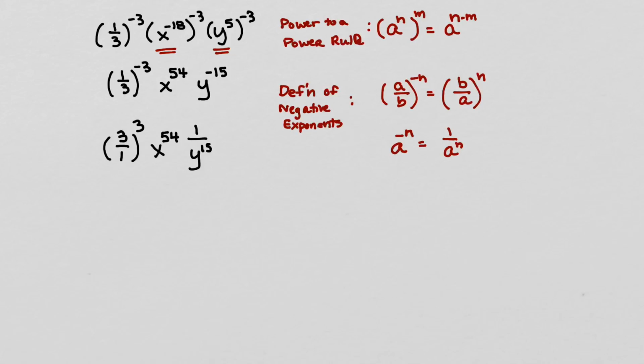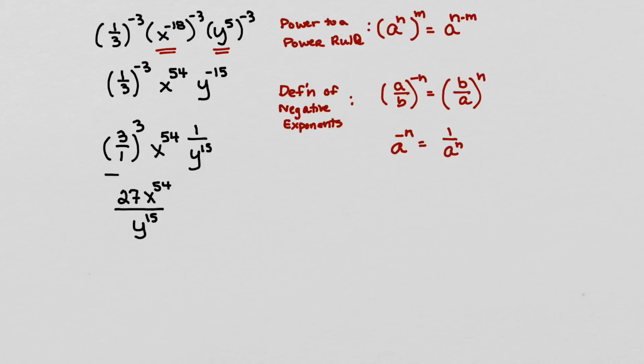I have 3 raised to the 3rd. That means 3 times 3 times 3, which is 27. So I have 27 over 1, or 27 x to the 54th, and y to the 15th is in the denominator, so all of that is going to be over y to the 15th.